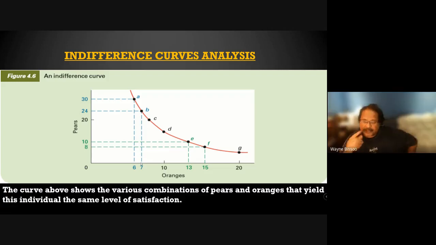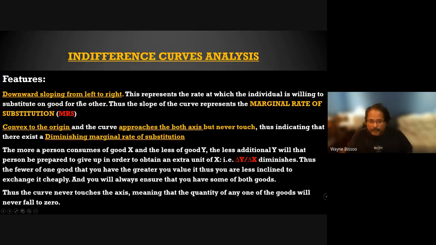So that means the marginal rate of substitution changes as we move along the curve from left to right, in relation to the relative rate at which I'm willing to substitute one good for the other. That's what this downward slope represents. This represents the rate at which the individual is willing to substitute one good for the other. Thus, the slope of the curve represents the marginal rate of substitution.